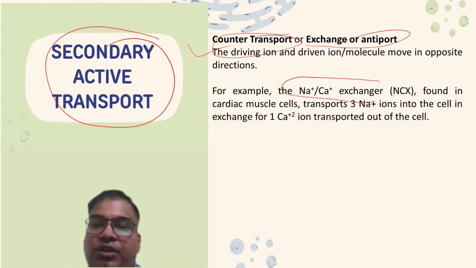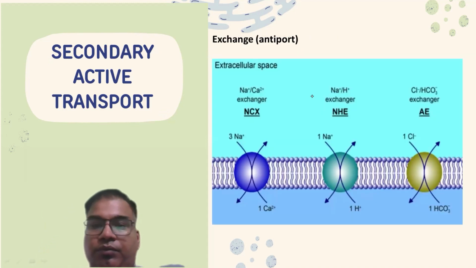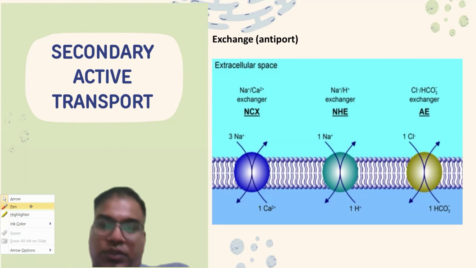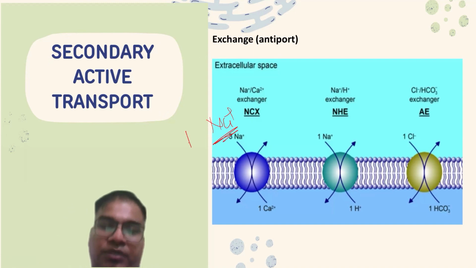The example is the sodium calcium exchanger. Here we can see there is a higher concentration of sodium outside the cell because of the sodium potassium ATPase. So there is a generation of a concentration gradient.